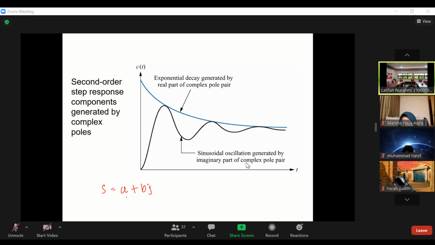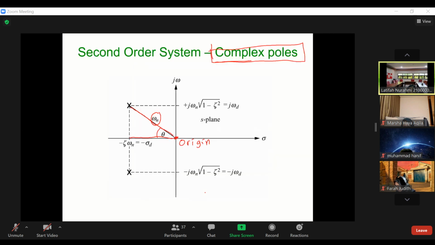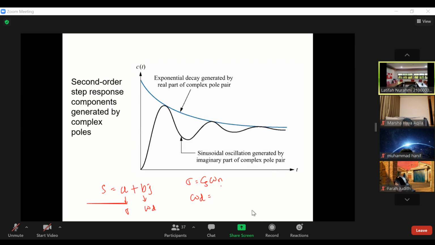You know that here is what you call a sigma in the s-plane, and here we call it omega d, right? Sigma and omega d. And sigma is zeta omega n. Omega d is what? Omega n times square root of 1 minus zeta squared.